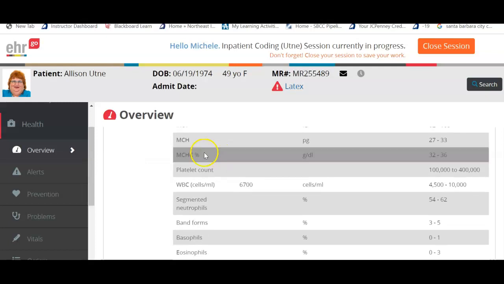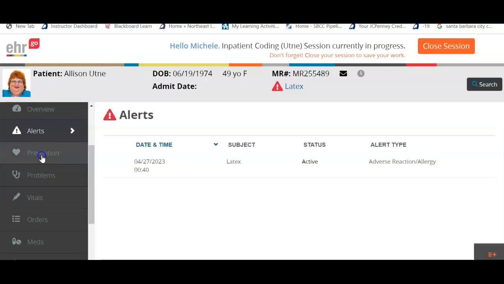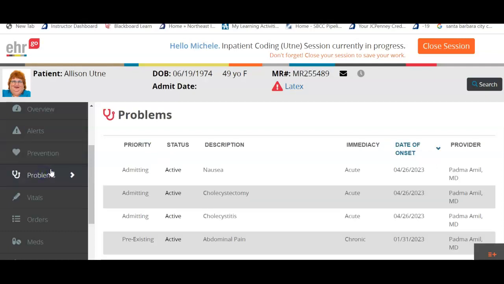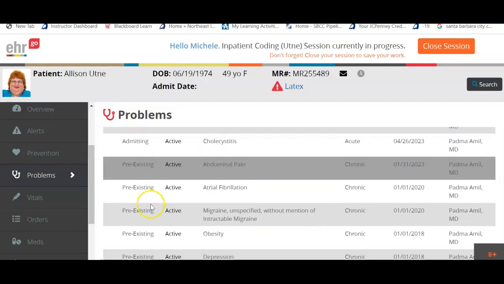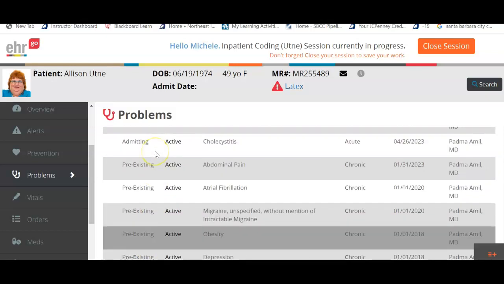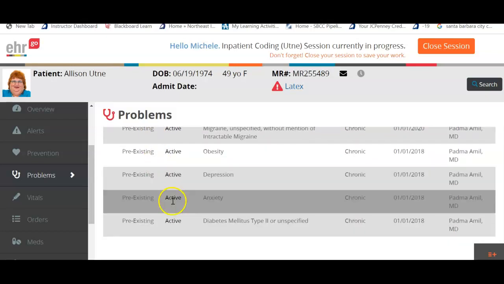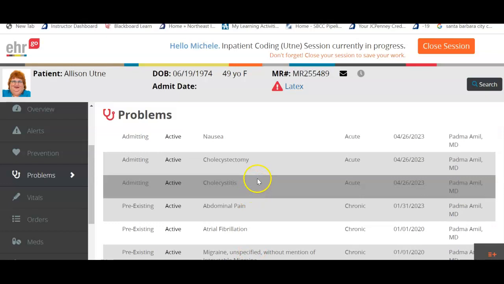So here we have the labs, then go down to alerts, prevention, problems. This is always kind of nice: admitting, pre-existing, which is a lot of different ones. When we get into coding in the spring, we'll talk about which ones we are going to code, okay?